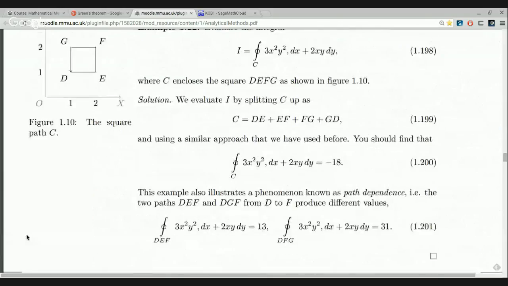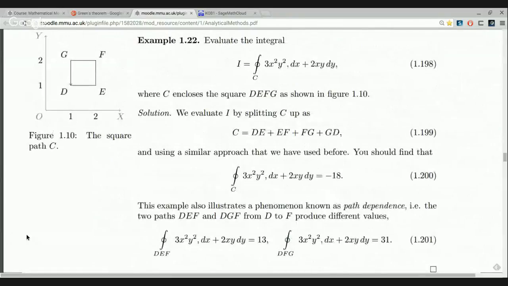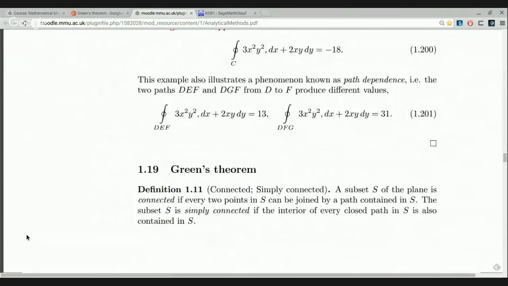In example 1.22, we integrated this linear differential form, 3x squared y squared dx plus 2xy dy, around the boundary of the square between 1 and 2 on the x and y axes. Around the boundary, we found this integral came to -18. So if we apply Green's theorem and perform the related integral over the interior of the rectangle, we should observe the same result. We should get minus 18 as well.